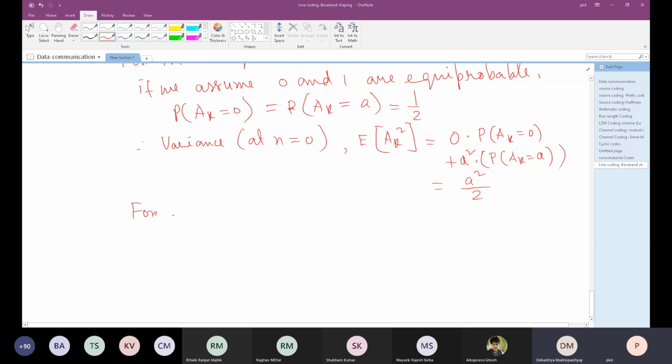and this is for n equal to 0. For n not equal to 0, for AK times AK minus n, there are 4 possible values: 0, 0, 0, and A square.